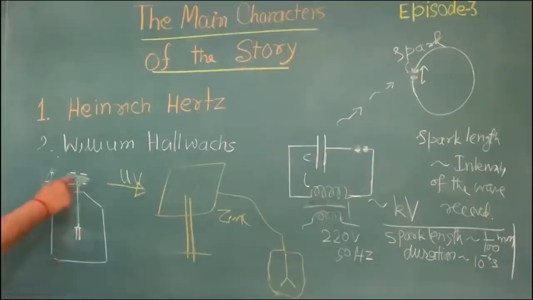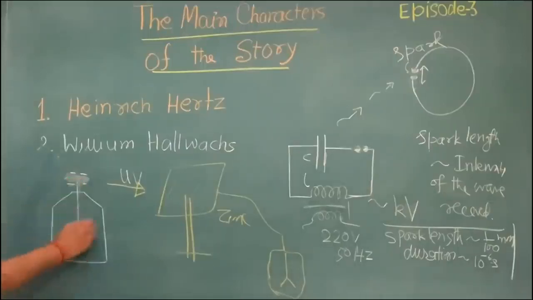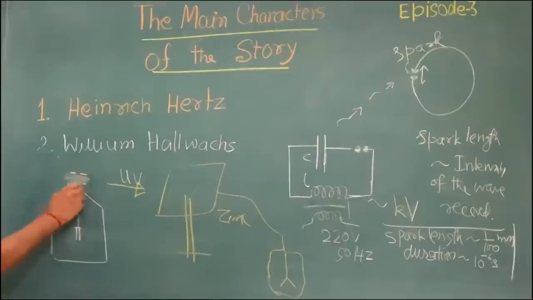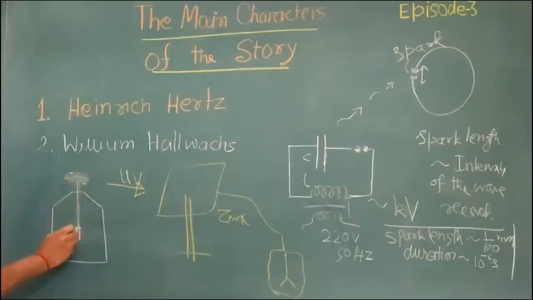Now this part is no more neutral. There is a net negative charge on this part, and even when I remove my charged rod, this negative charge is still there, and now it will spread throughout to make the electric field zero everywhere, and therefore redistribution, negative charges will be here, negative charges will be here, and it will spread.